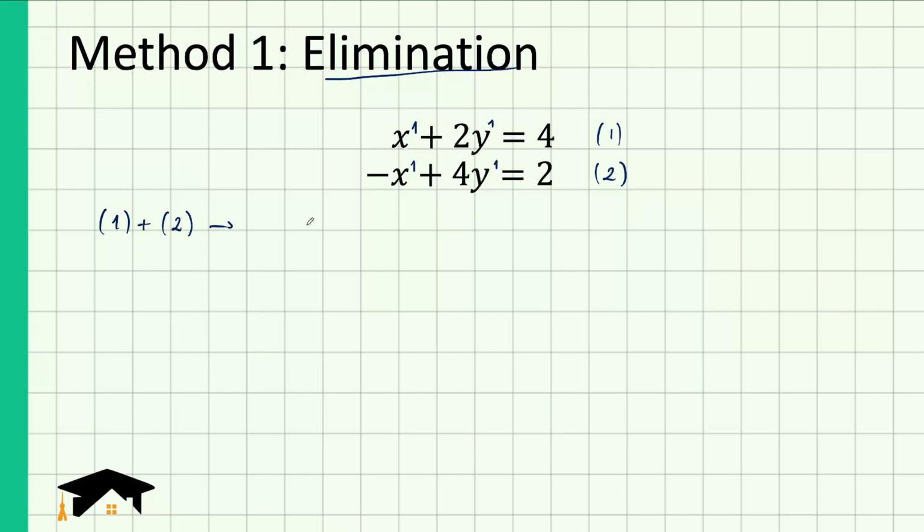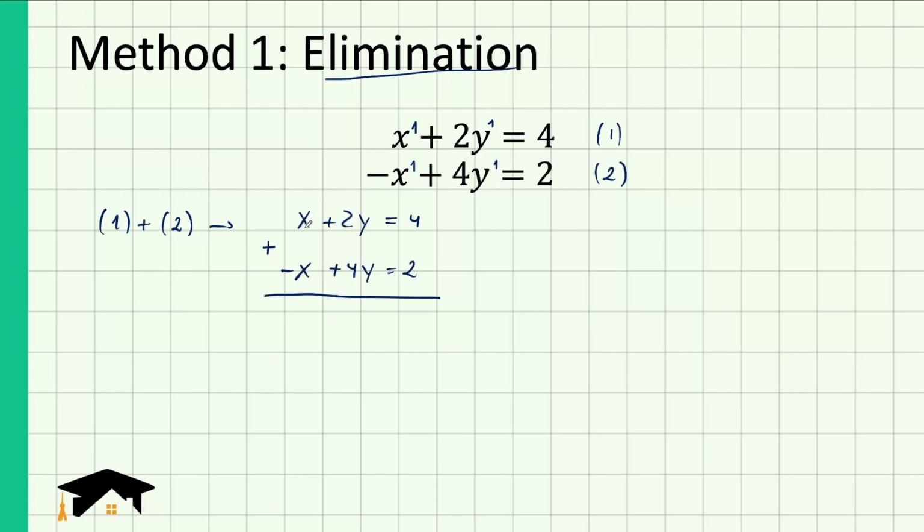what we get is x plus 2y equals 4, and I have to add minus x plus 4y equals 2. So I can add all these things. The signs, because we have addition, will not change.